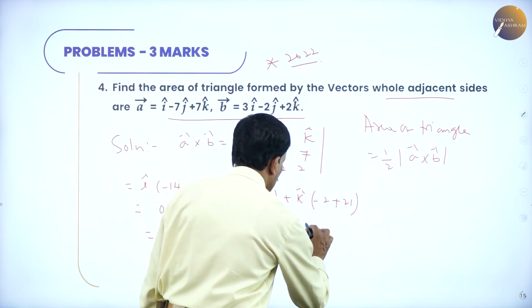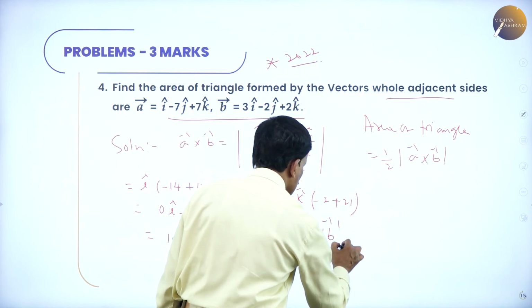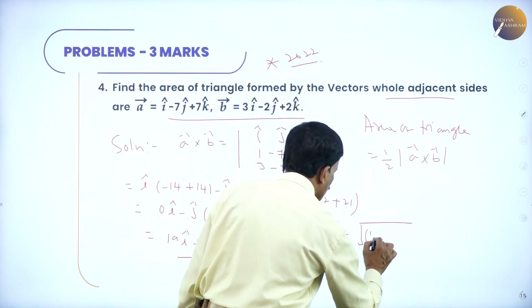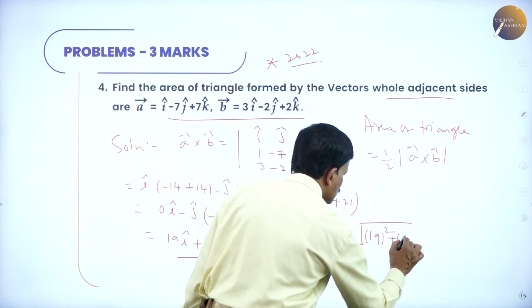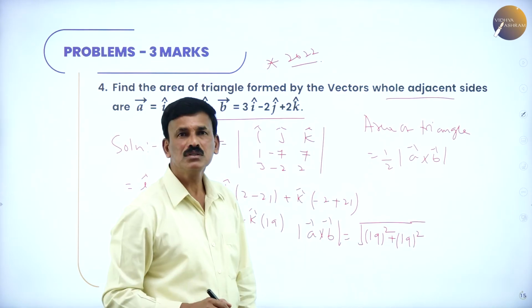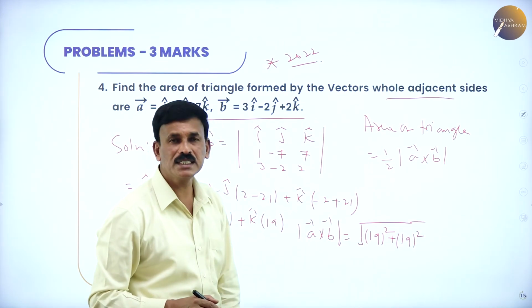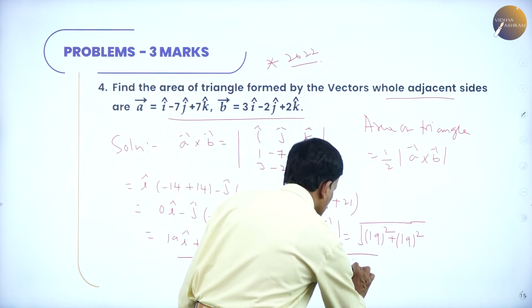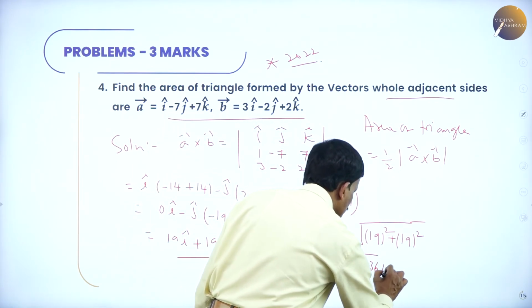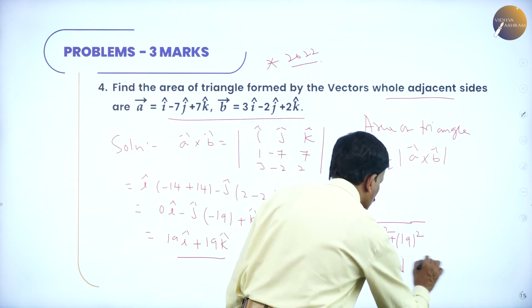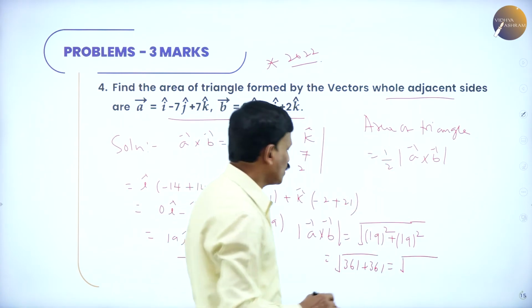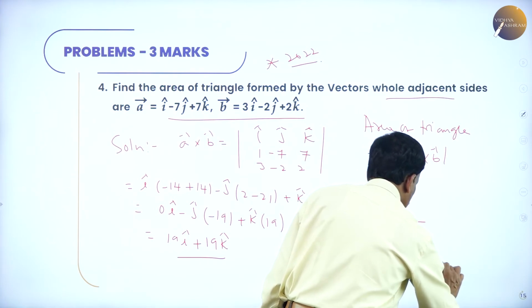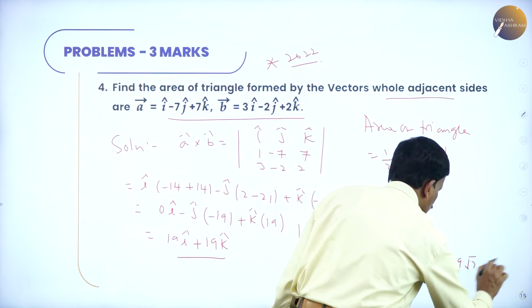So the length of A cross B is equal to root of 19 square plus 19 square. Simplify this: 19 square, 19 into 19, 361 plus 361. So this is equal to 2 times 361, which can be done as 19 root 2.